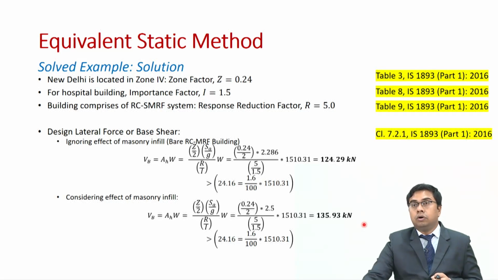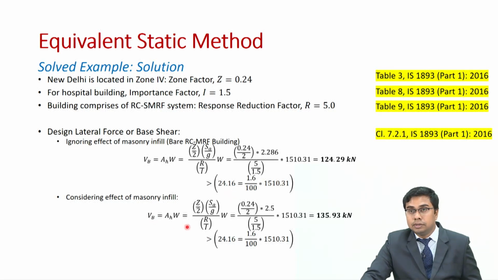For zone 4, the minimum design base shear shall be equal to 1.6% of the seismic weight of the building, which is coming to be 24.16 kilonewton in the case of ignoring effect of masonry infill, and in the case of considering effect of masonry infill, we are getting 24.16 again, which is lower than these two, and therefore these values which we have calculated, shown in bold over here, shall be adequate.